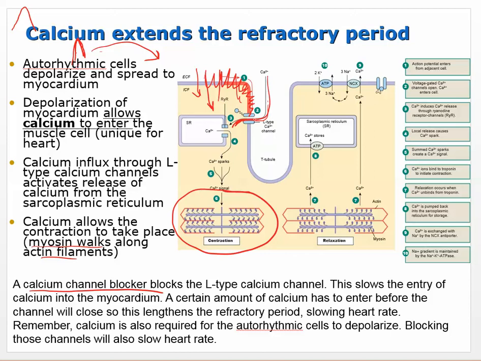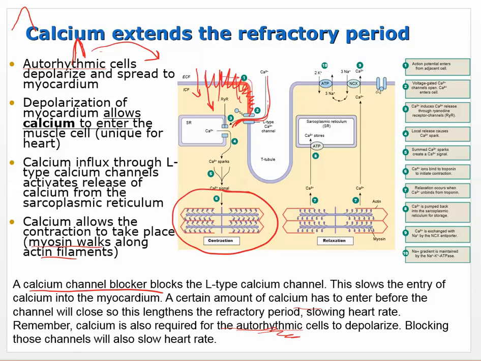So it's not going to let the calcium in as quickly, which extends the refractory period for a longer period of time, which also means you're going to have a slower heart rate. A certain amount of calcium has to enter before it will close, so it lengthens the refractory period and slows the heart rate. And again, that also works for the autorhythmic cells.